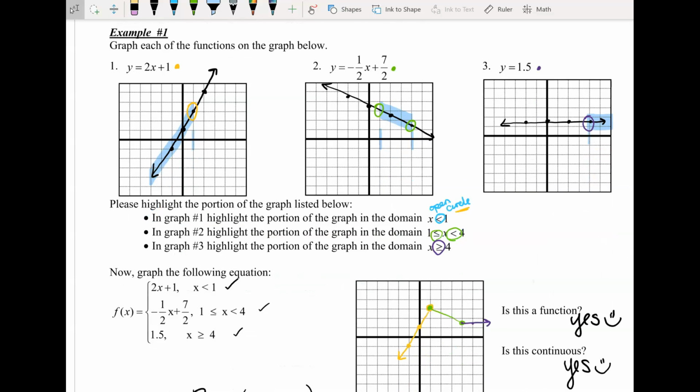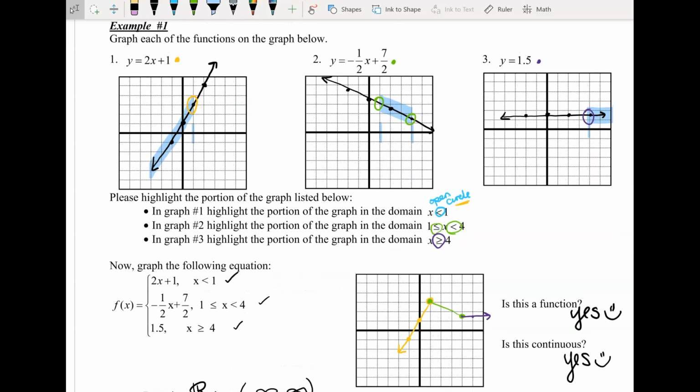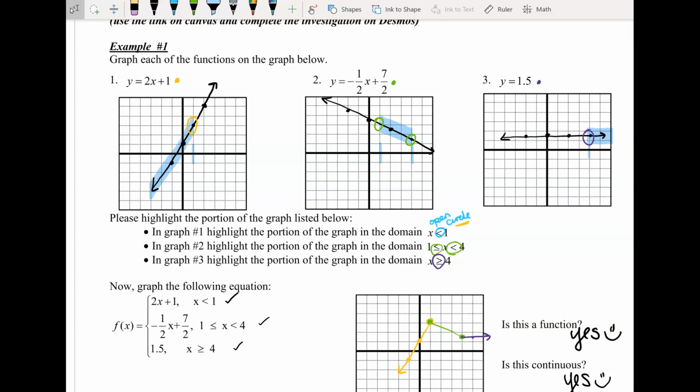Now, there are various ways to graph them. You don't always have to draw all 3 or 2 or 5 functions and then highlight. You're more than welcome to, let's say, for example, this one right here. Yeah, I could make an X and a Y chart. And I know that it's going to be greater than or equal to 4. So I'm going to include 4 and 5, maybe 6. Well, y equals 1.5. So when x is 4, y is 1.5.